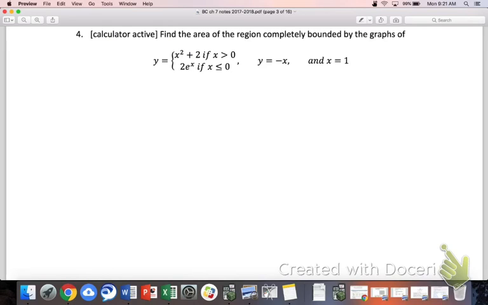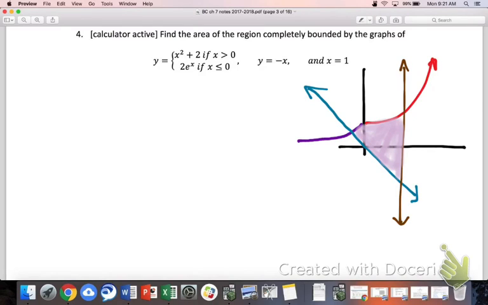Bunch of stuff going on. You got a piecewise, and then 2 other boundaries for this. I will try to sketch it out myself. I'm really grateful that the calculator is active here. This will make the finish of this quite a bit easier.